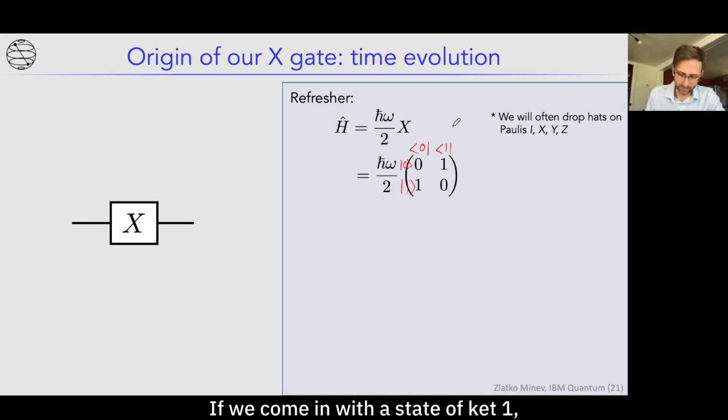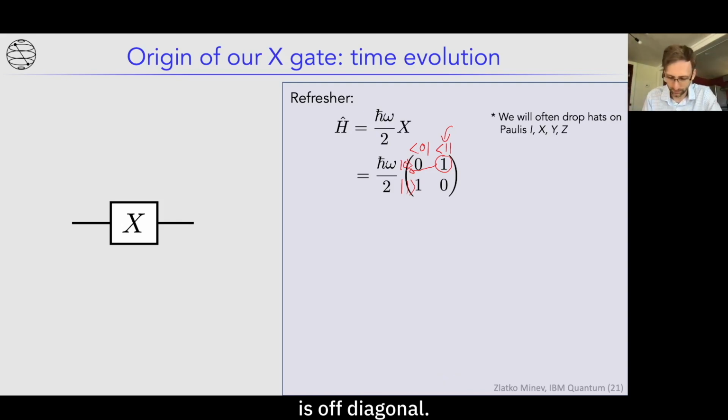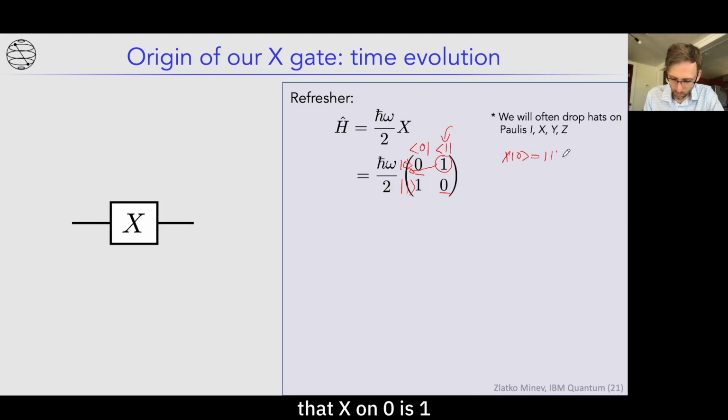If we come in with a state of ket 1, X will take the state ket 1 and swap it into the ket 0. So that's why the matrix representing X in the Z basis is off diagonal. The diagonals are 0 and 0, and the off diagonals are 1 and 1. This, of course, simply indicates our earlier notion that X on 0 is 1 and X applied on 1 is equal to 0.